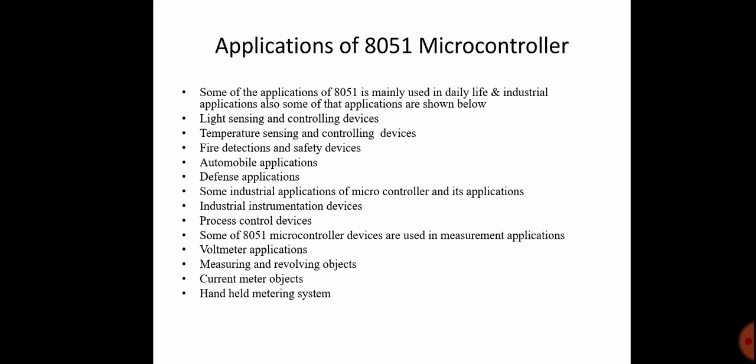It is mainly used for automobile applications, defense applications, other industrial applications, process control devices, voltmeter applications, measuring objects, current meters, and handheld metering systems. There are some other applications as well.